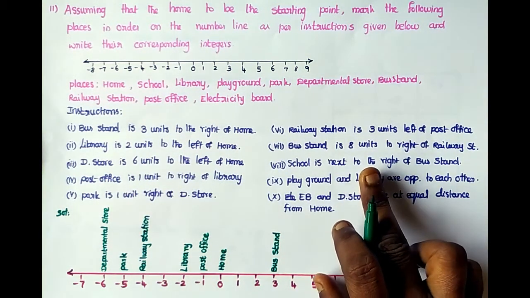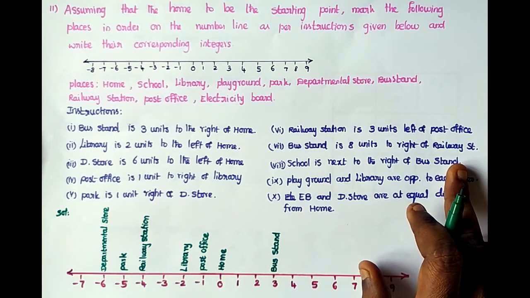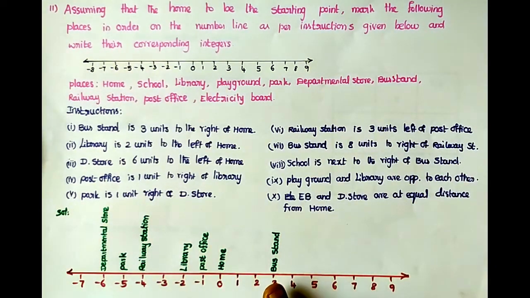The bus stand is here, 8 units to the right of the railway station. Is this right? Bus stand is 8 units right of the railway station. 1, 2, 3, 4, 5, 6, 7.